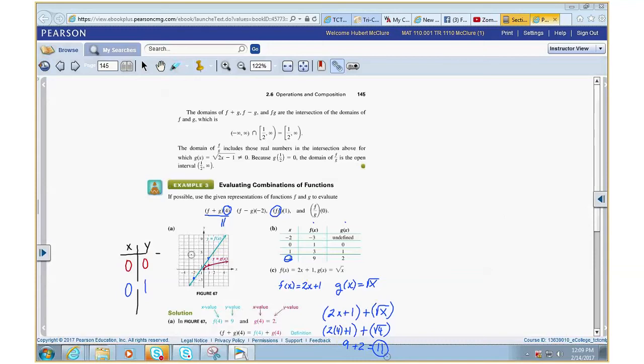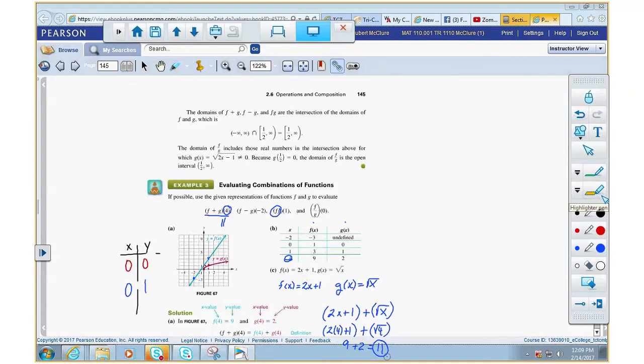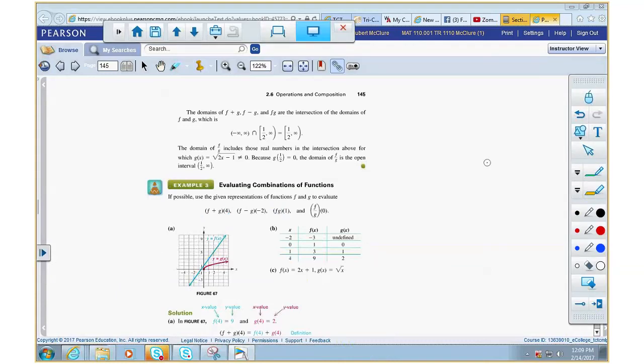I'll test you on A and C. So make sure you know how to do both of those. And I've already done it. Remember when we plugged and chugged? We plugged in a 4, we plugged in a 3. We've done this. Capisce? Comprende?